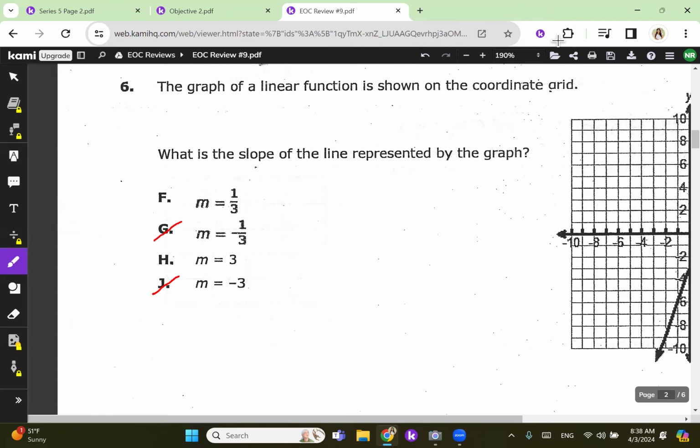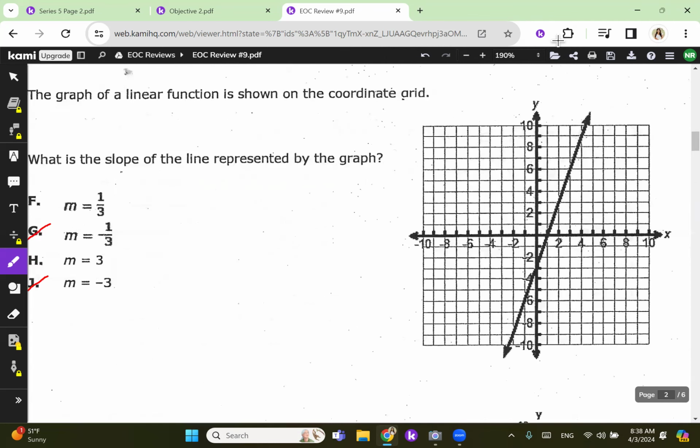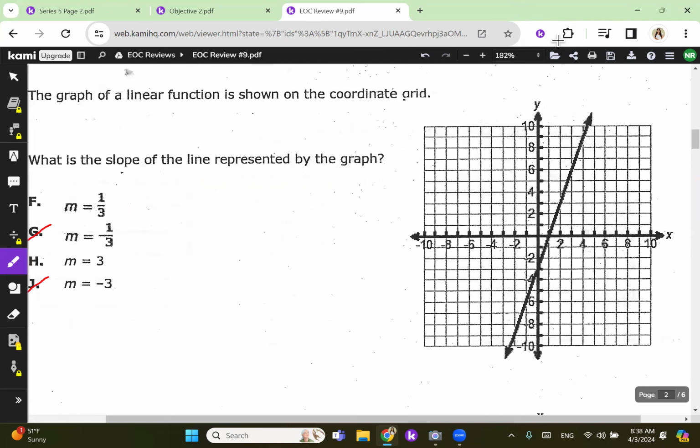Get rid of G and J. Now from there, you pick 2 good points. What are 2 points that we can use? 1, 0. What else? 2, 6.